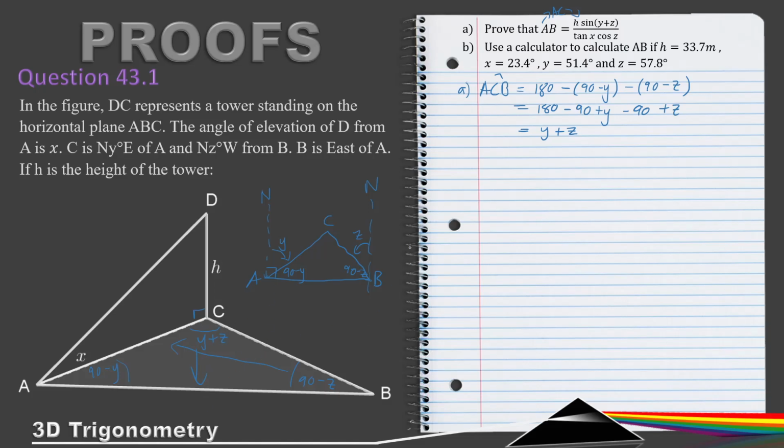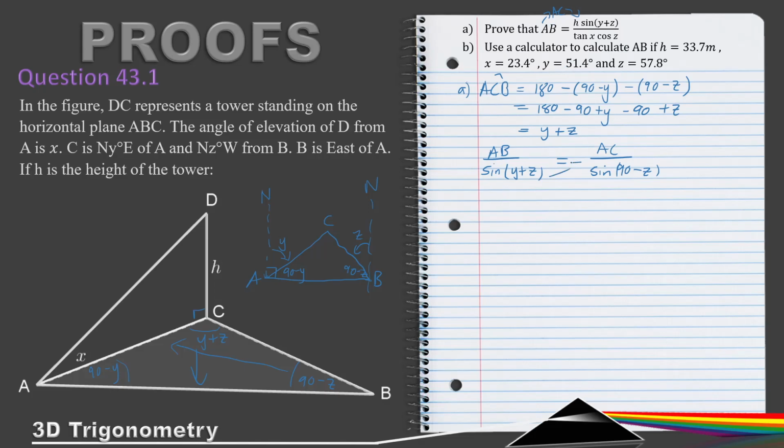I want that side, so I'm going to start with that side, AB over sine of y plus z is equal to AC over sine of 90 minus z. Now two things. We want AB in terms of AC, so we need to solve for AB.